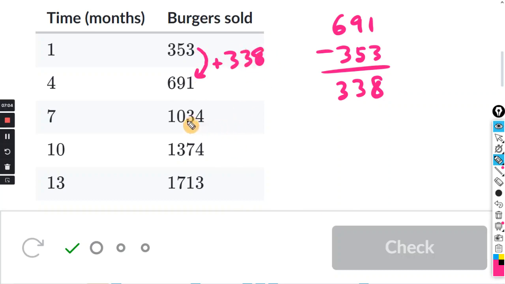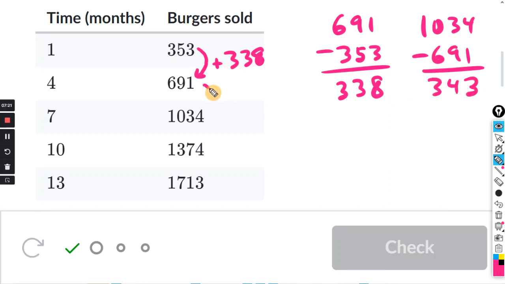And then on the next one, 1034 minus 691. 4 minus 1 is 3. 13 minus 9 is 4. And 9 minus 6 is 3. So to go from here to here, that's going to be adding 343.